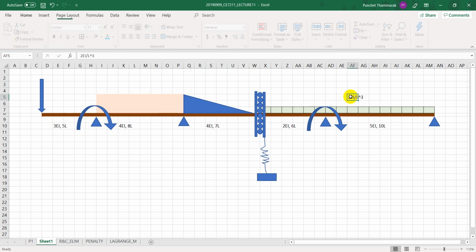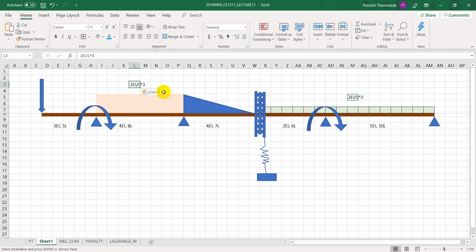The magnitude here, I'll make it 5 EI over L cubed.